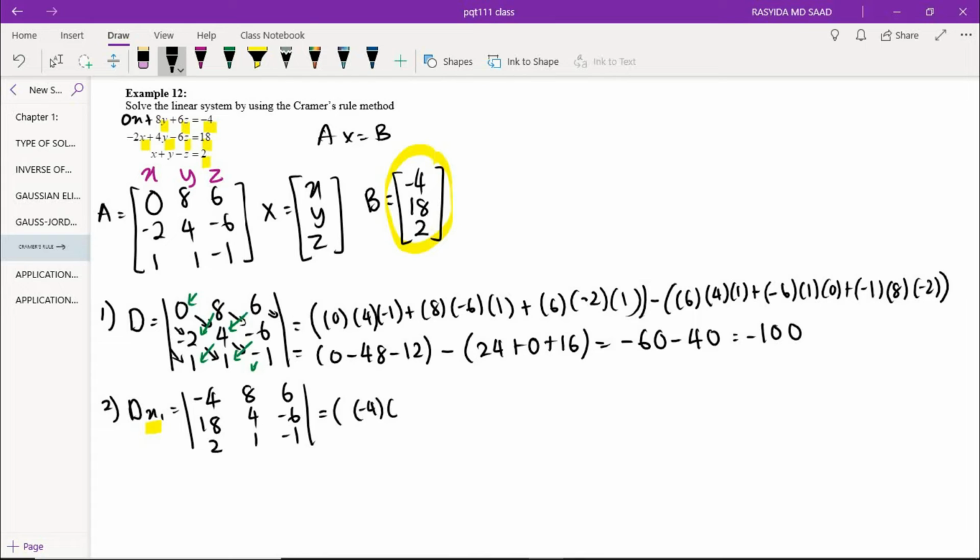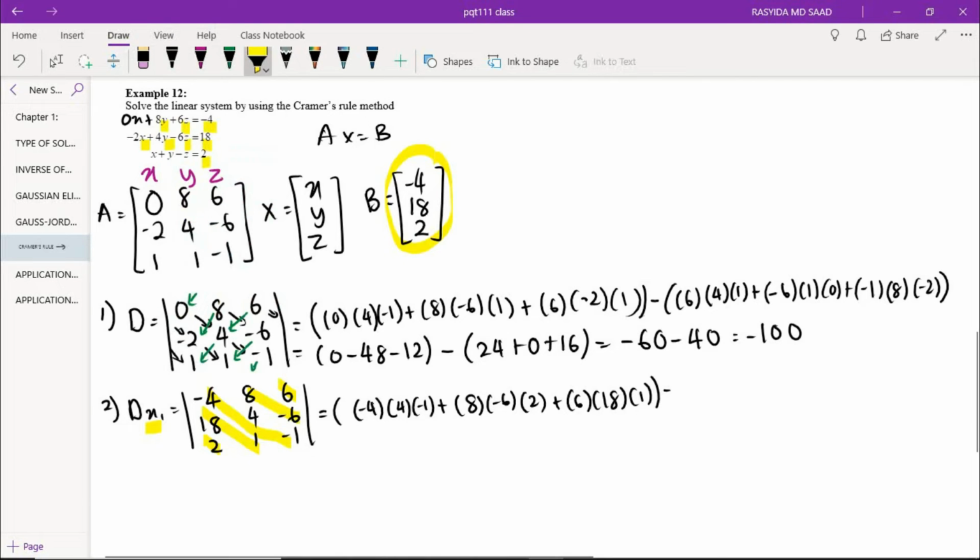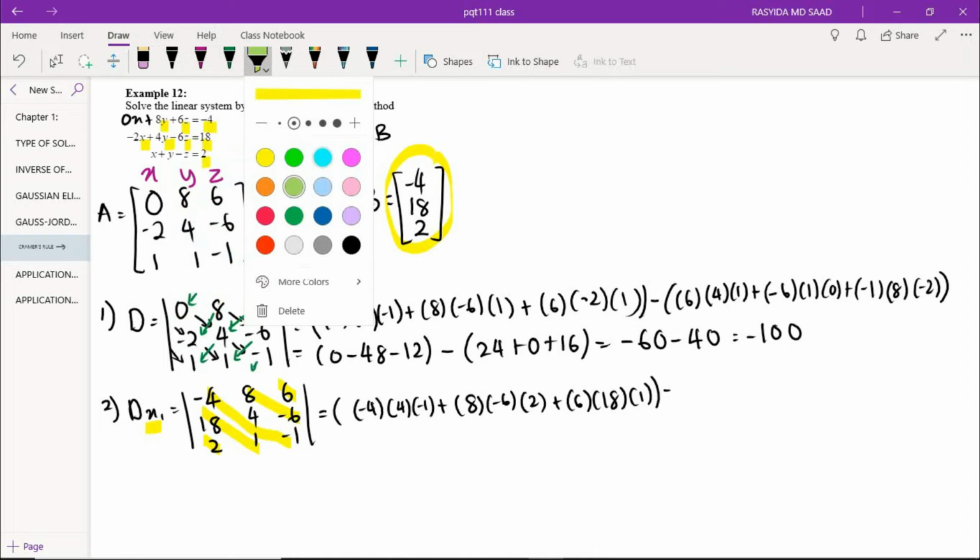So it will be negative 4 times 4 times negative 1 plus, this and this, 8 times negative 6 times 2 plus 6 times 18 times 1. Okay, minus, then we have this also, this side.